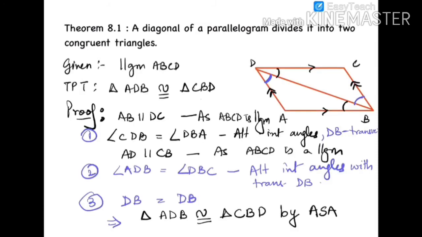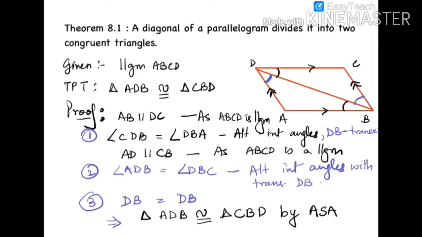Theorem 8.2. In a parallelogram, opposite sides are equal. This is a pretty basic property of a parallelogram. However, it is easy to prove this property. In the previous theorem, we have shown that a diagonal divides a parallelogram into two congruent triangles.